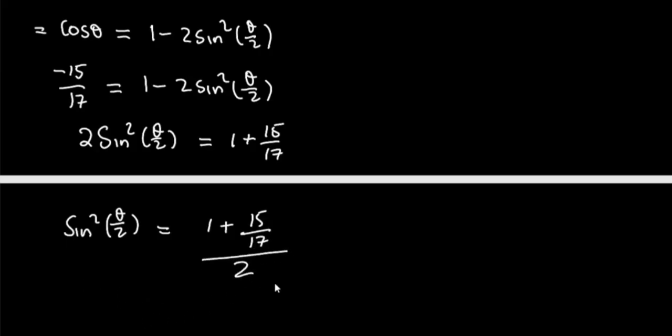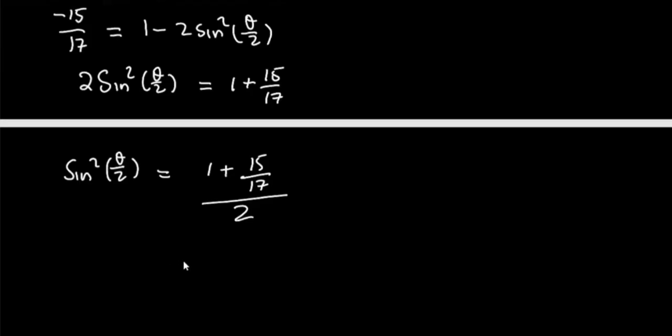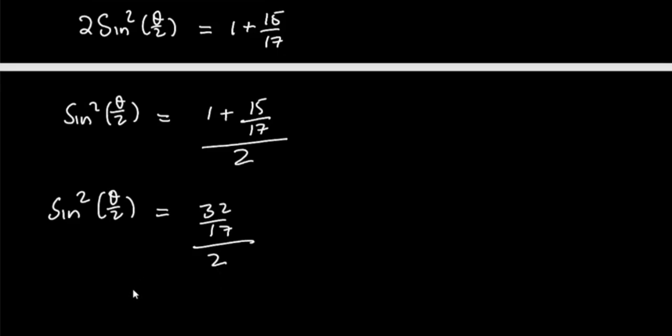So this is 17 over 2. If this is 17 over 2, so this is the same as saying sine squared of theta over 2 is equal to, the top part should give you 32 over 17, which is divided by 2. You can use a calculator to punch that, or alternatively you can just say 32 over 17 times 1 over 2, so that we can get sine squared of theta over 2 to be equal to 16 over 17 when you put that on the calculator.